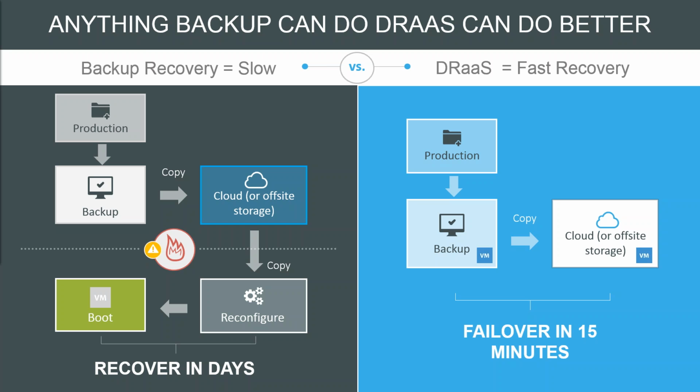With DRaaS or DR on demand, as we sell, we don't need to do that. We spin up the computers where the data's sitting. That could be locally or that could be out in the cloud, right? And that means that it's a guaranteed fixed time operation so that you've protected yourself from loss, but you've also protected yourself from downtime. And in the business context, they're both equally bad.